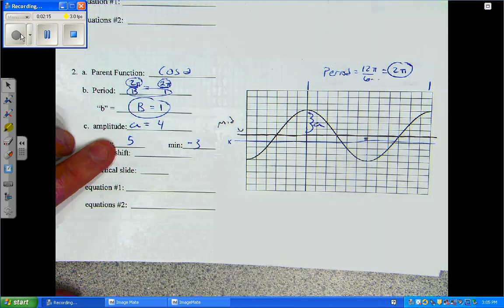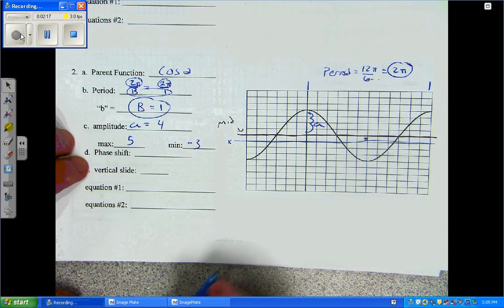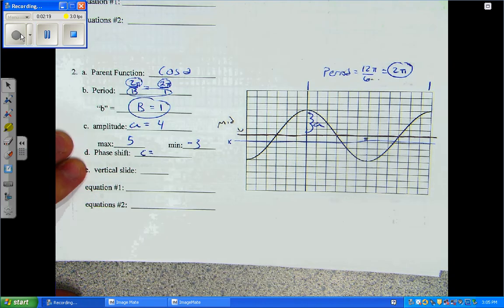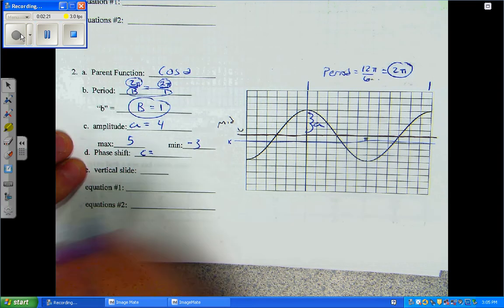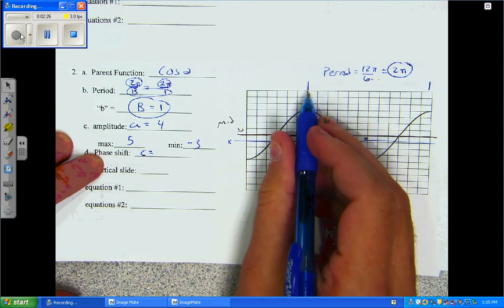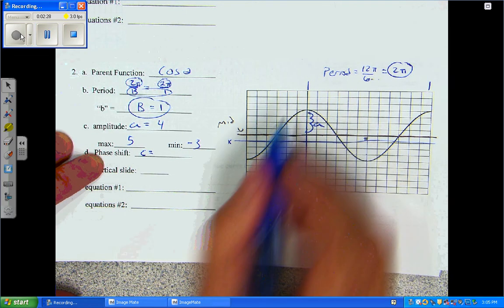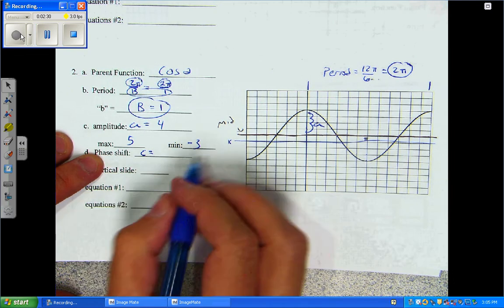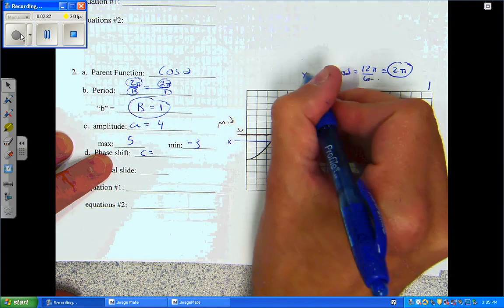Now if you notice, the distance between 5 and negative 3 is 8. That's twice your amplitude. The phase shift, remember, it's a hard one. To get the phase shift, that's the distance between the y-axis and the peak. Remember, we're just going to use the y-axis and the peak because that's for cosine. And if I count there, here's my y-axis.